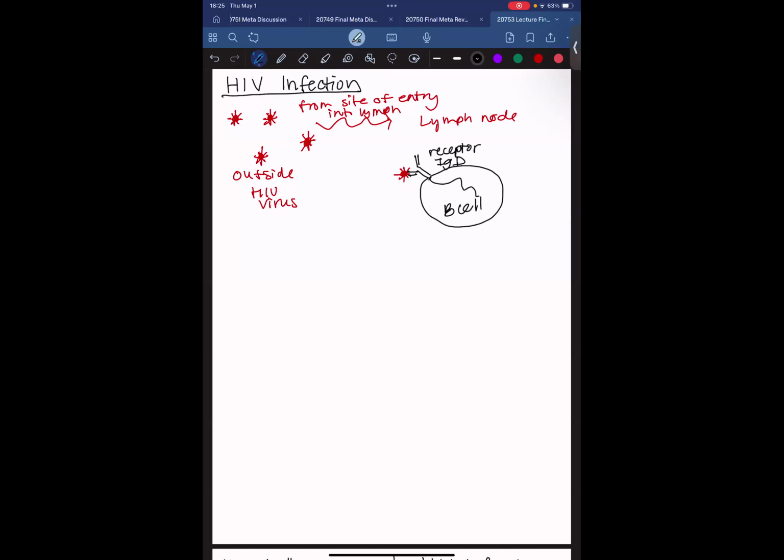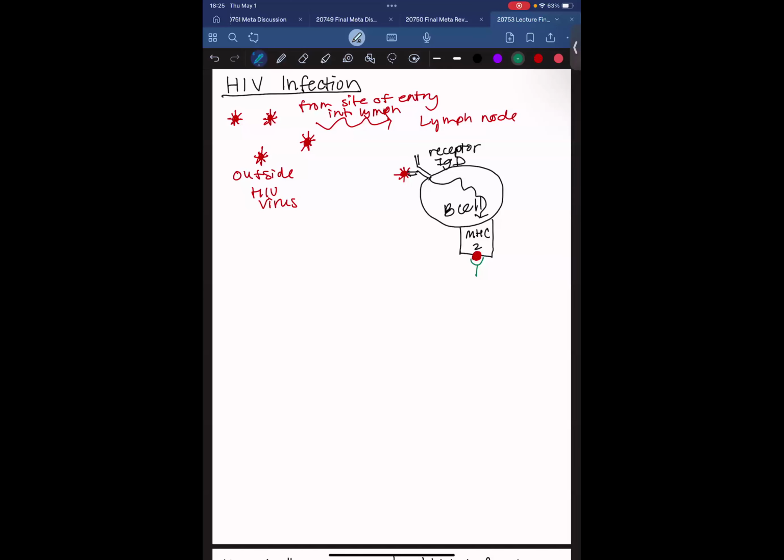Then it's going to put that stuff that it picked up from outside on MHC2, because B cells can be antigen presenting cells. We know MHC2 presents antigen, but MHC in general presents to what kind of cells?